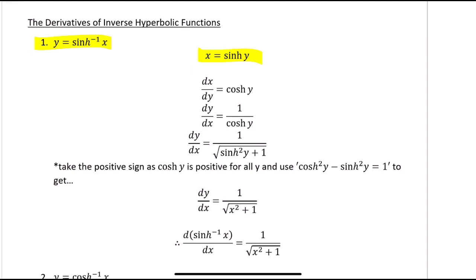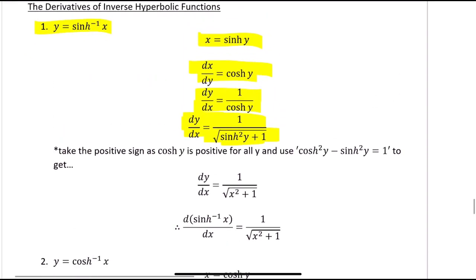So your dx by dy will be equal to hyperbolic cos, which means dy by dx is equal to 1 over hyperbolic cos. Hyperbolic cos is the square root of hyperbolic sine squared plus 1. It could be a positive or negative square root, but you take the positive root as hyperbolic cos of y is positive for all y values.